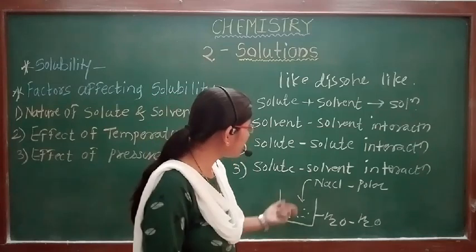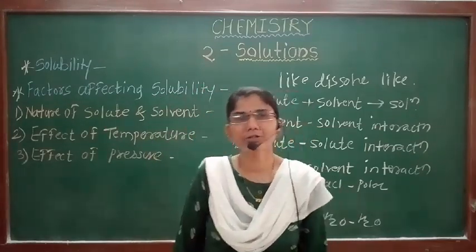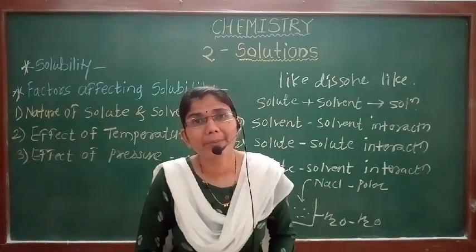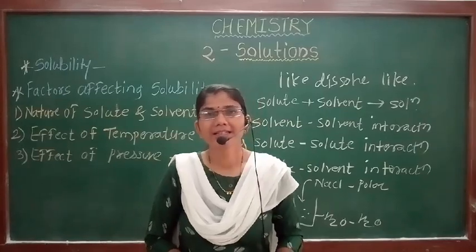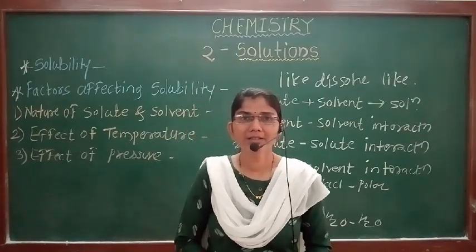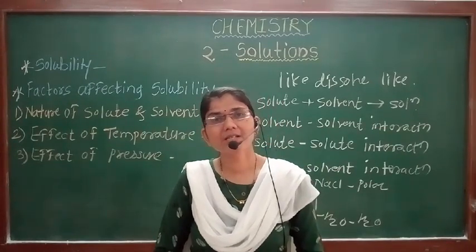Just like a polar solute dissolves in a polar solvent, a non-polar solute, for example cholesterol, dissolves in benzene, because both are non-polar. Cholesterol is a non-polar solute, and it is dissolved in benzene, which is a non-polar solvent.